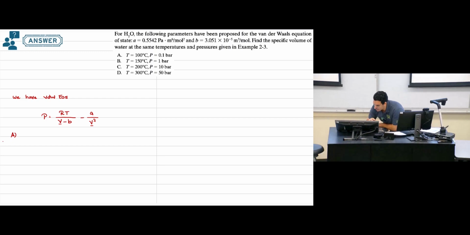So let's see requirement A. We have the temperature of 100 degrees Celsius. Again, we don't use Celsius, so this plus 273 will be 373 Kelvin.